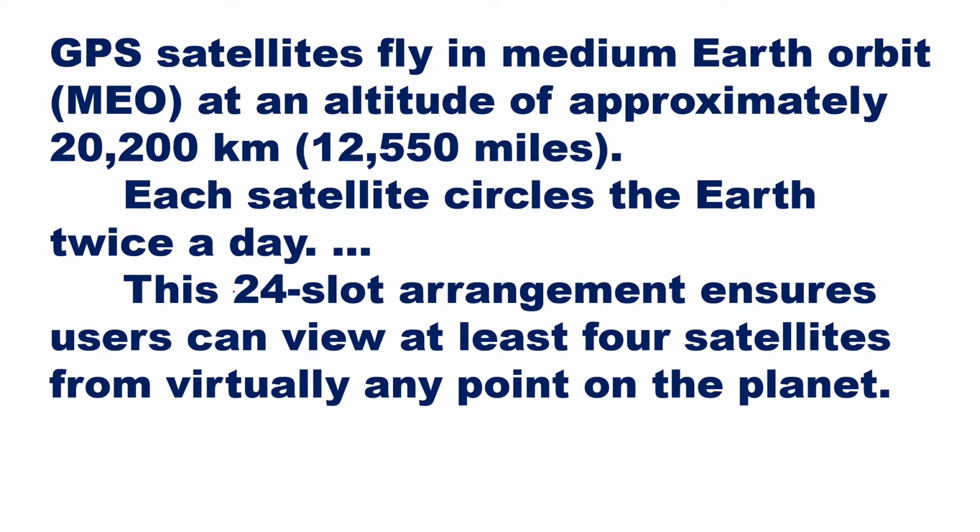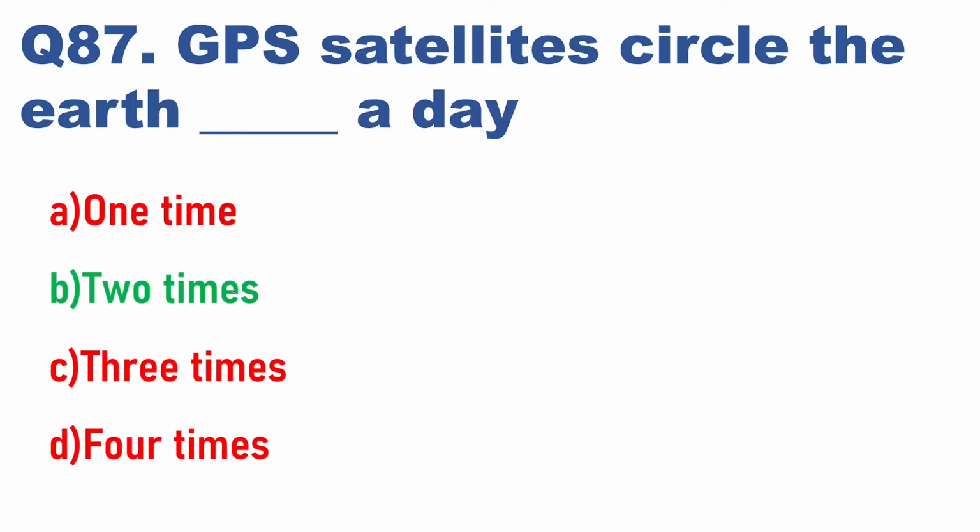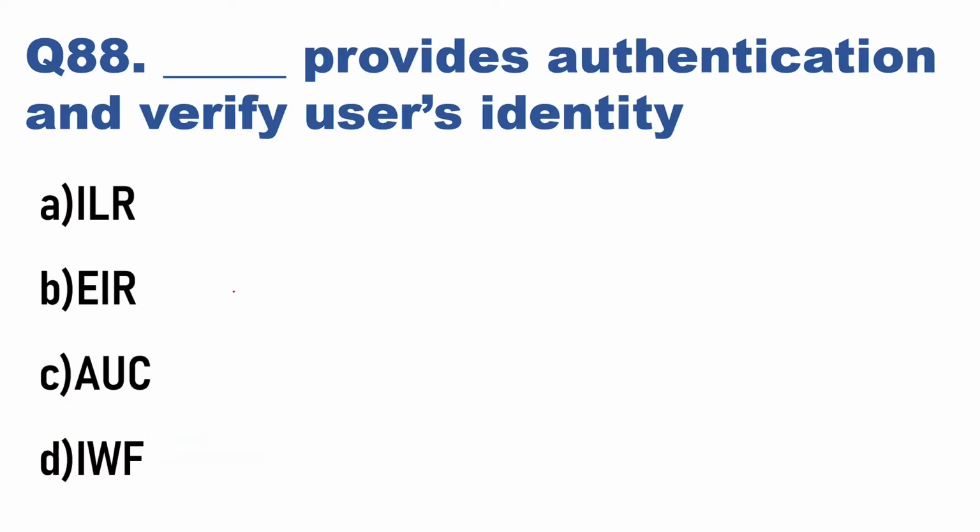So at least four satellites are viewed from any point on the Earth, and this is done by those 24 satellites which circle the Earth twice a day. So here we can see option B is the right answer, two times. That is, GPS satellites circle the Earth two times a day. Then we'll go to the next question, question number 88.